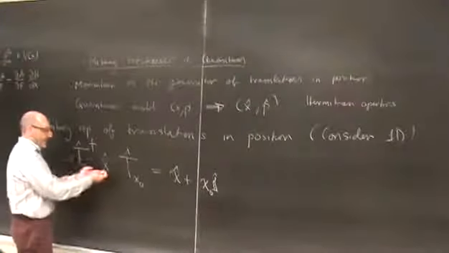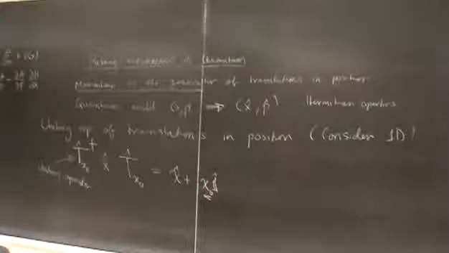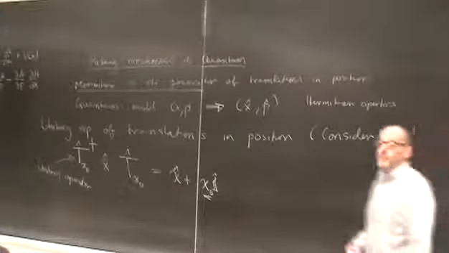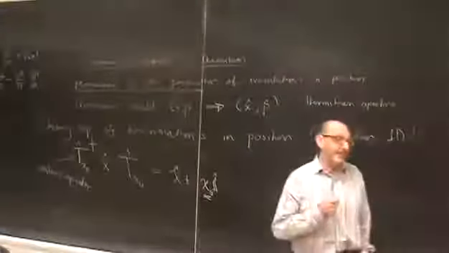And since momentum is the generator of that action, we can write down what this translation operator is in the same way, using the same technique that we used in thinking about time translations.